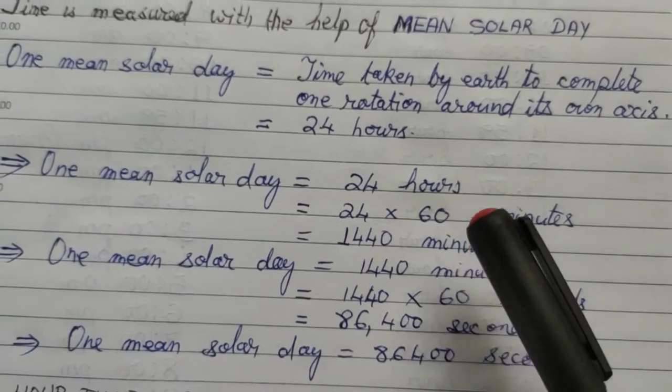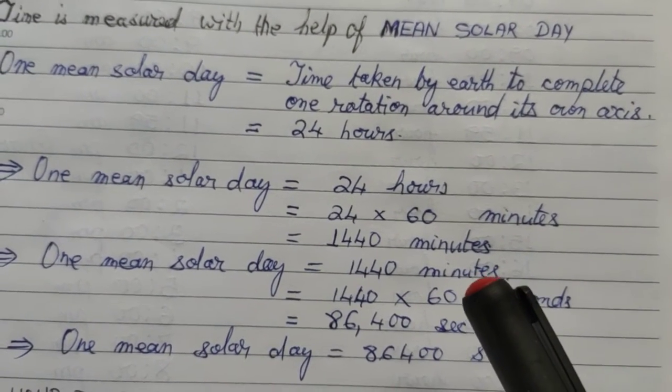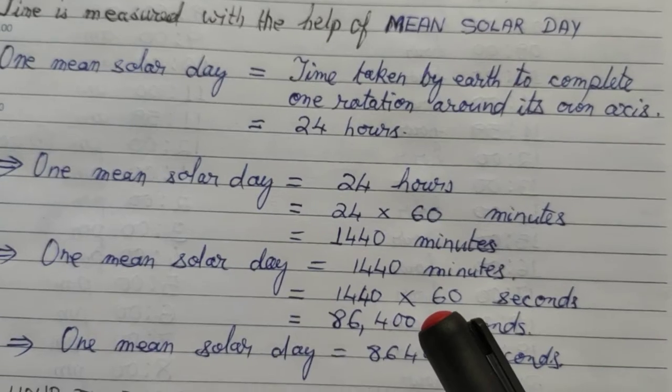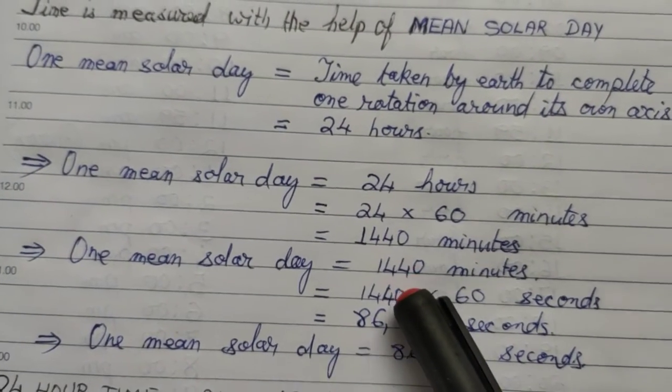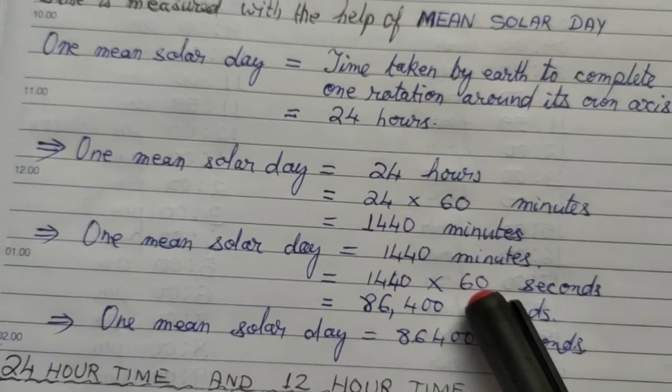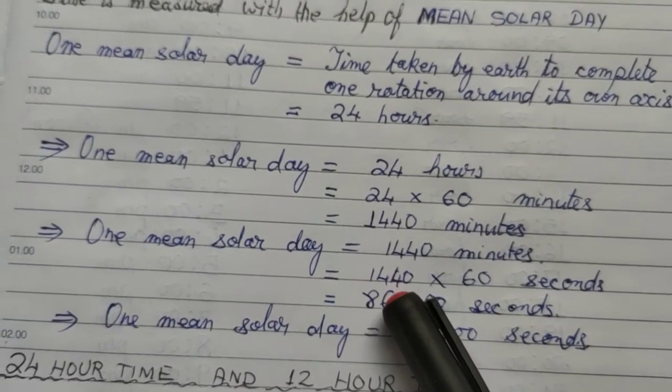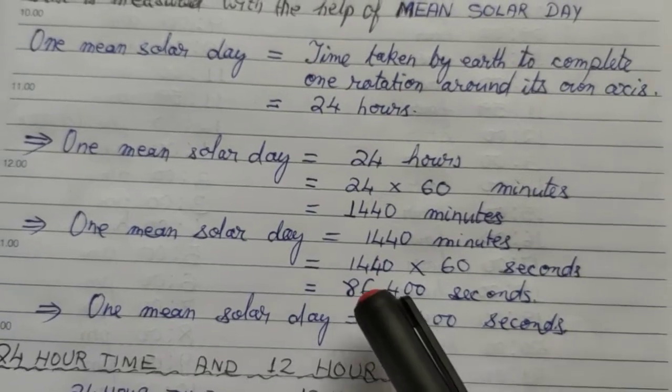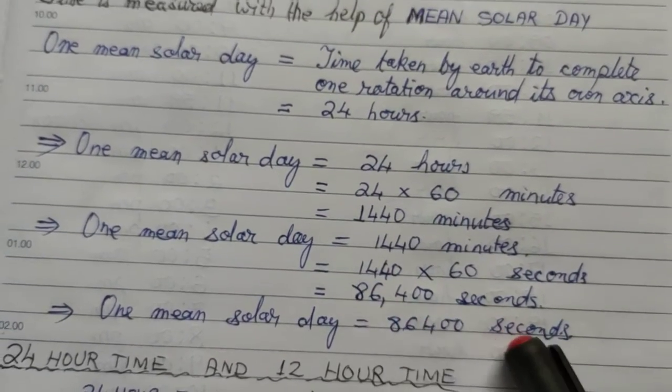Okay, now let us convert minutes into seconds. 1 minute has 60 seconds, right? We all know that 1 minute has 60 seconds. So 1440 minutes will have how many seconds? Multiplied by 60. So 1440 multiplied by 60 gives us 86,400 seconds.